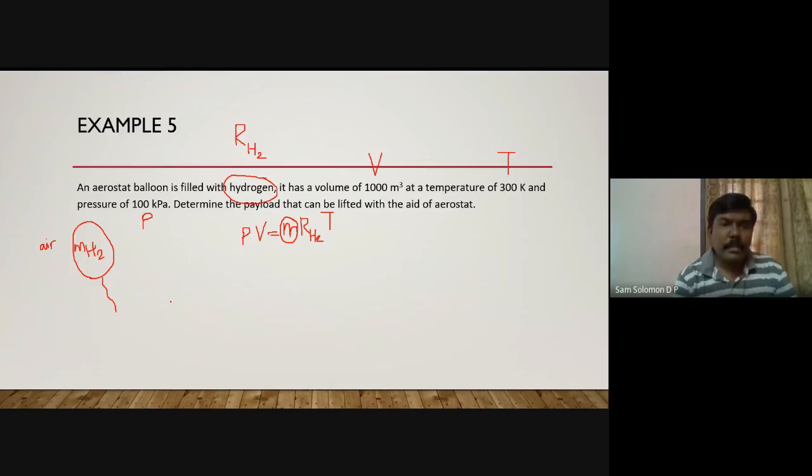So now the mass of air, or the mass of hydrogen inside the balloon, or instead of using the word mass, let me use the word volume. The volume of hydrogen inside the balloon is equal to the volume of air displaced by the balloon.